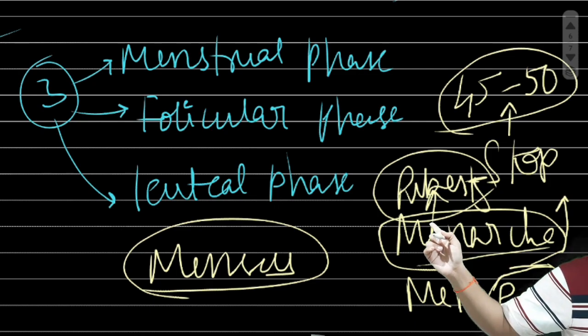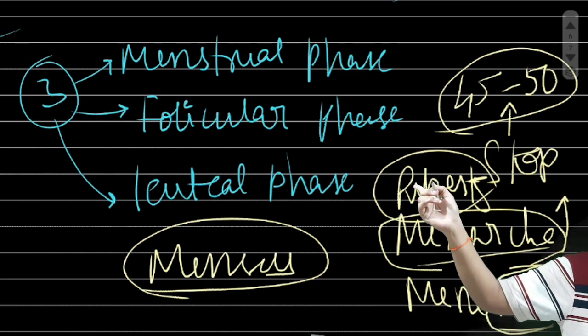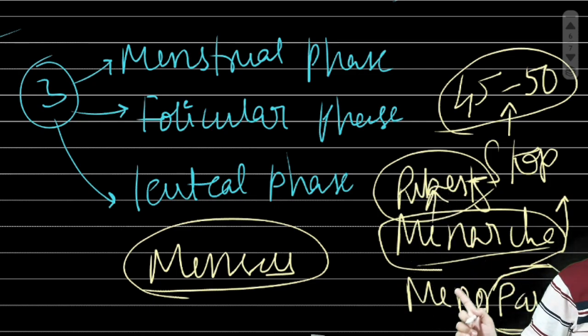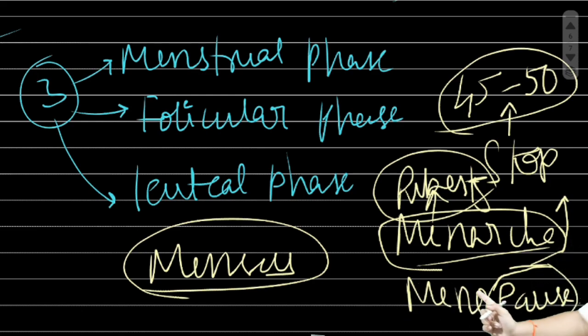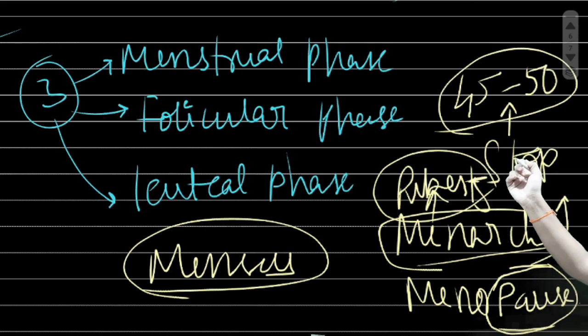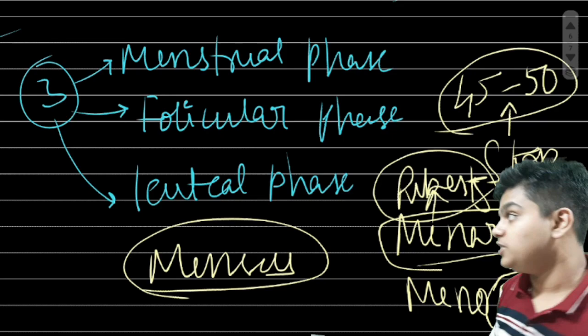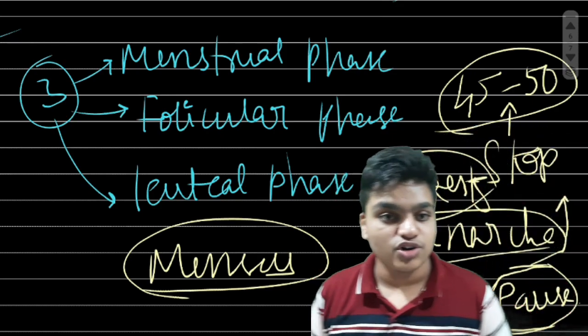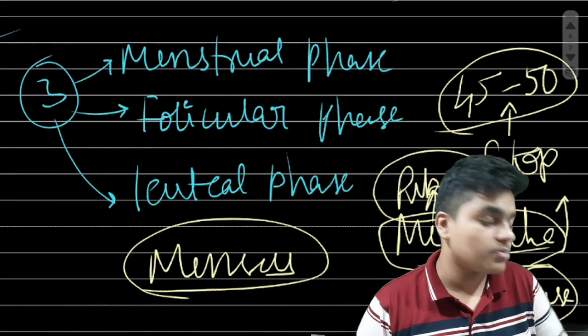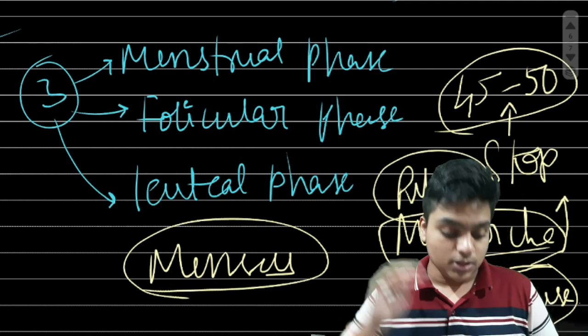Menarche is the start. Menopause is the stop. This generally occurs in the 45 to 50 years. When the woman is 45 to 50 years old, menopause occurs and the menstrual cycle stops there.